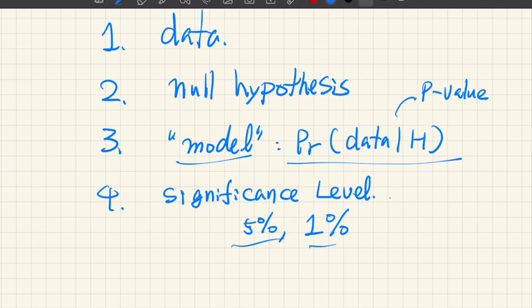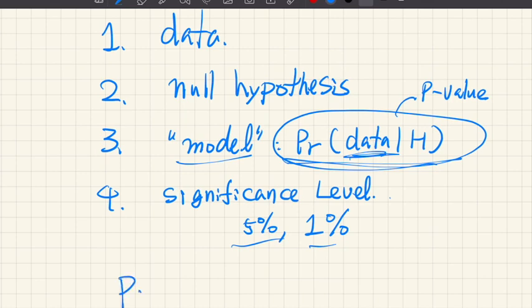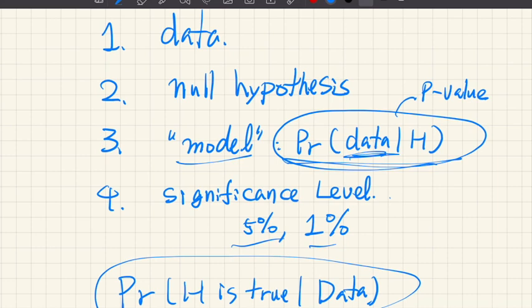But remember, what we want to do is to test our hypothesis, right? What we are doing here is actually testing the data based on the hypothesis. That's not exactly what we want. What we really want is the probability that the hypothesis is true, given the data. But this probability is not calculated by traditional methods.